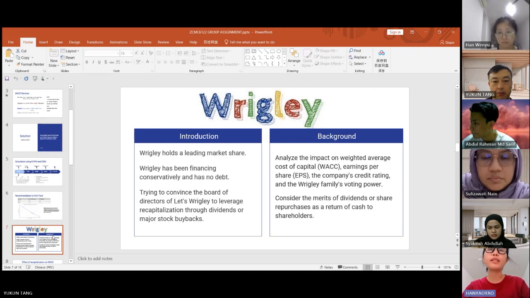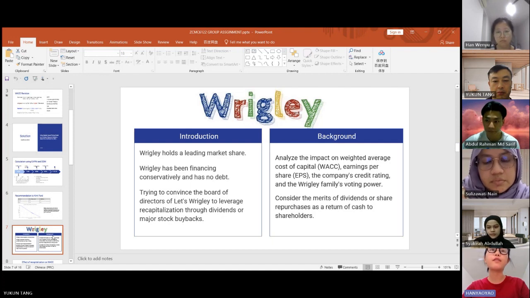This involves the impact on the weighted average cost of capital, earnings per share, the credit rating, and the family voting control. It is also needed to evaluate the advantage of dividends or share repurchase mechanisms for returning the cash to shareholders. The next.